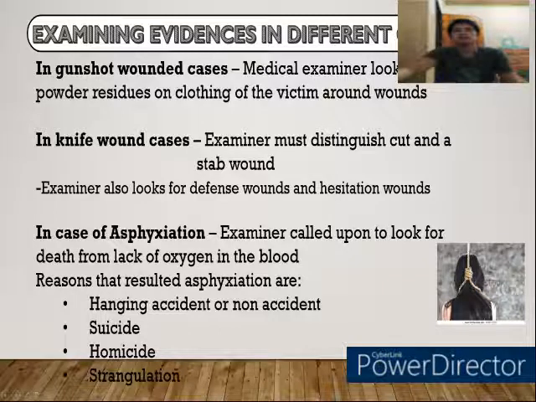Because in gunshot cases, it is difficult to identify who shot the gun, or the distance. So this type of examination is very useful to identify who used the gun, or how long the distance was from which the gun was shot.